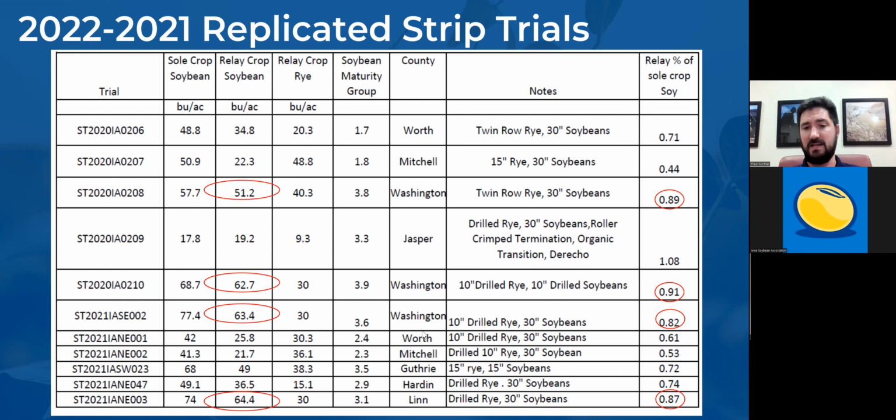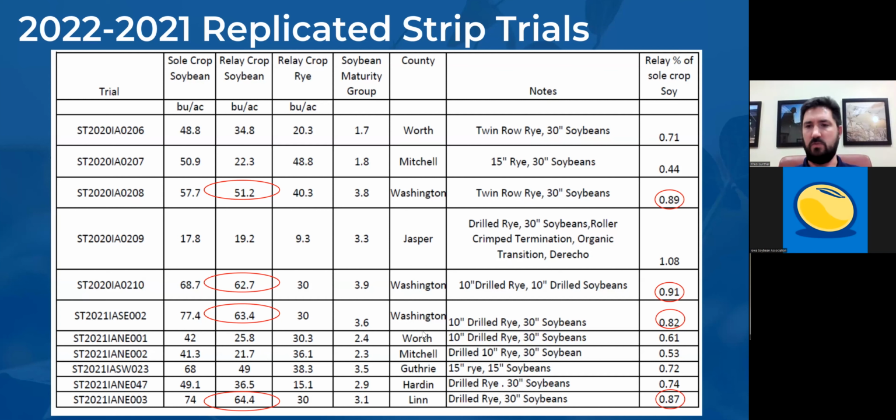When they can achieve that type of soybean yield as compared to a sole crop, and they have an additional 30 to 40 bushels of cereal rye that offset their costs to maintain that practice on their farm or sell the seed, that's where this system really shines in terms of profitability.